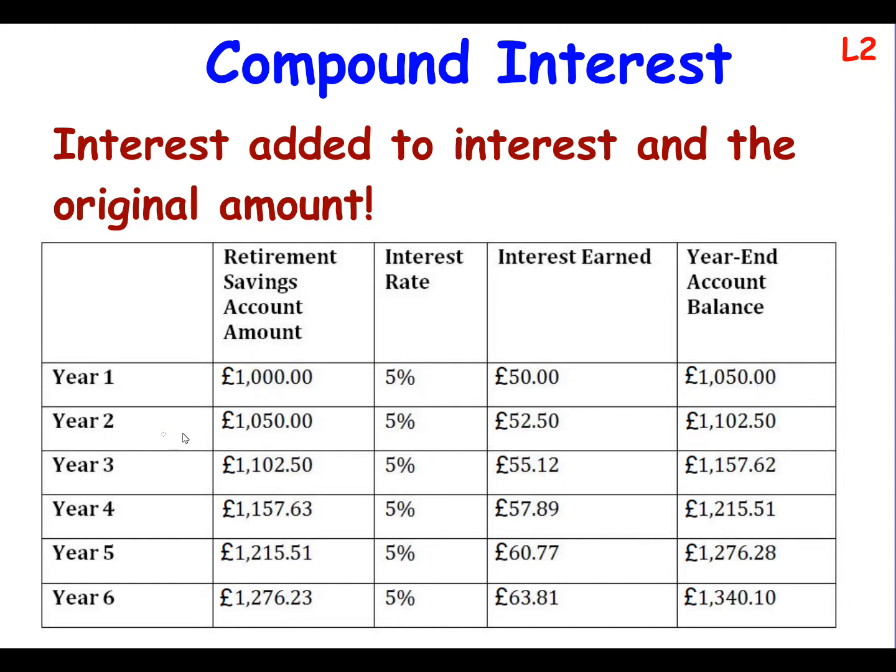In the second year, we're starting with 1,050 because of the interest, and then we need to work out 5% of that 1,050, which gives us £52.50, giving you a total after 2 years of £1,102.50. This is what is known as compound interest, the interest that keeps growing on top of interest as you add it.